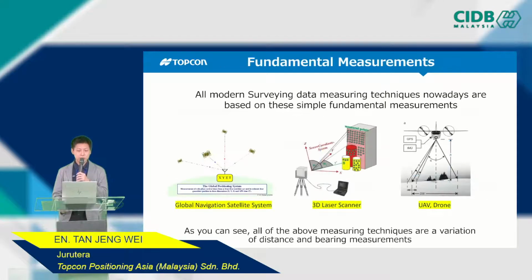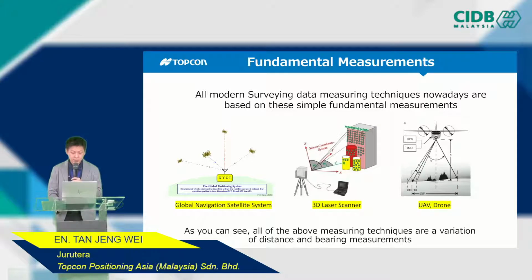Right? So as you might know, all our surveying data in Malaysia is currently measured using conventional methods. So there is a need for us to adapt to new technology. All the modern surveying data measurement techniques nowadays are based on the fundamental measurements that I mentioned earlier.